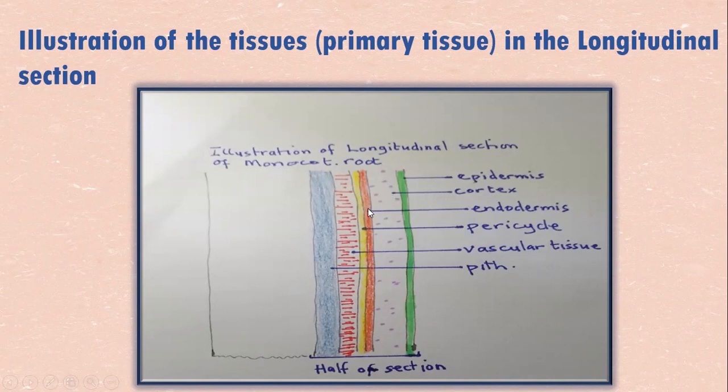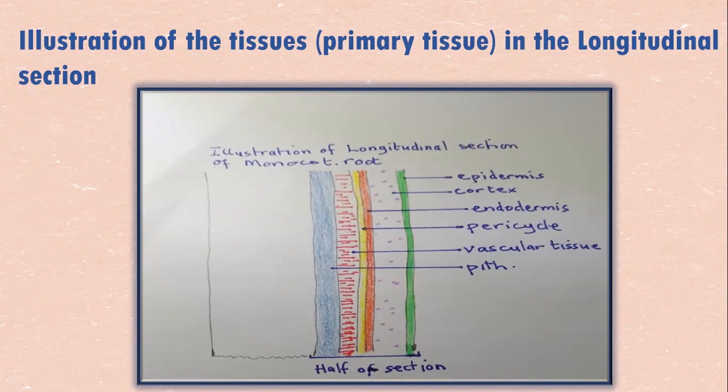Then you have a portion called endodermis, which, as we have said, is a modified parenchyma. You have the pericycle, it's a modified parenchyma or meristematic. Then you have the vascular tissue, which is sclerenchyma and some parenchyma. Then you have pith, which is parenchyma. So it's still the 4 basic types of cells.